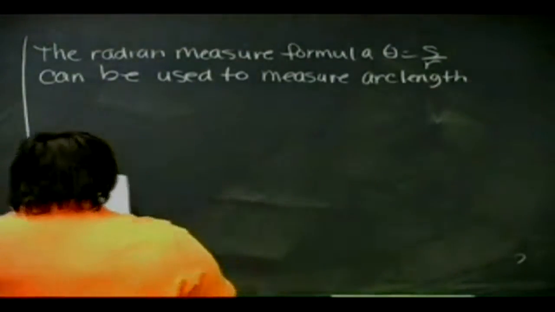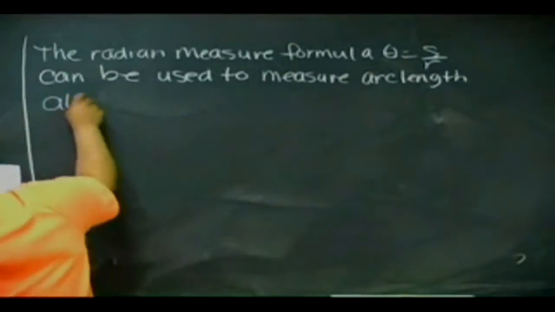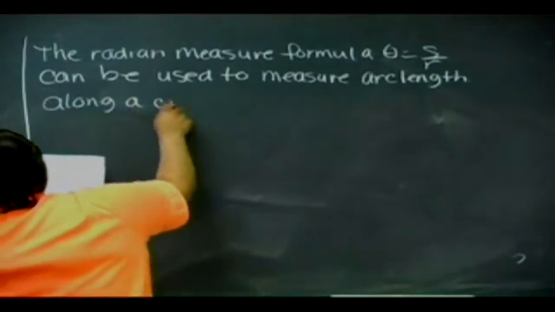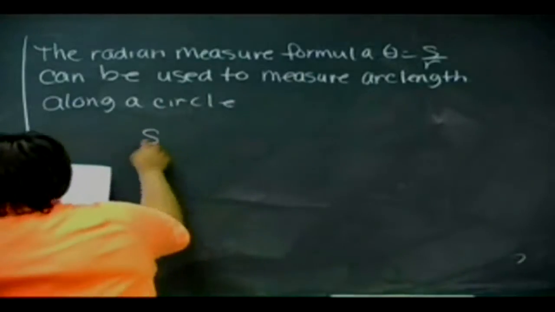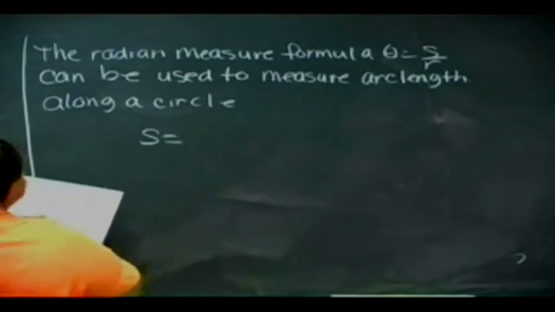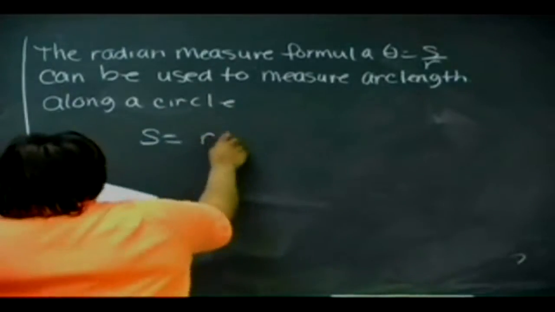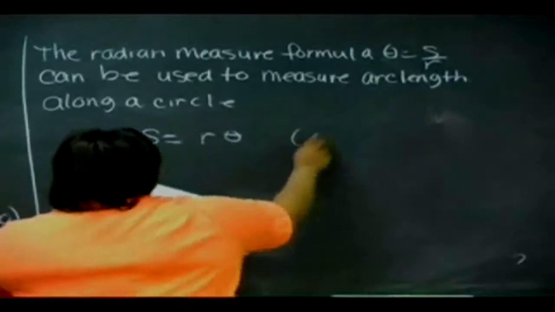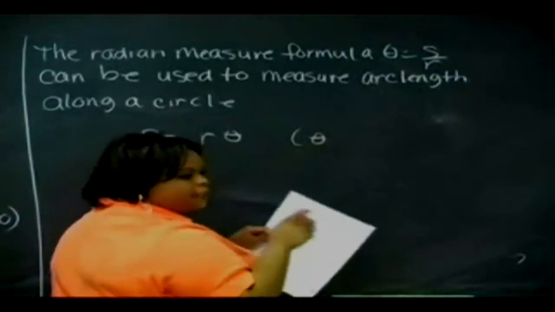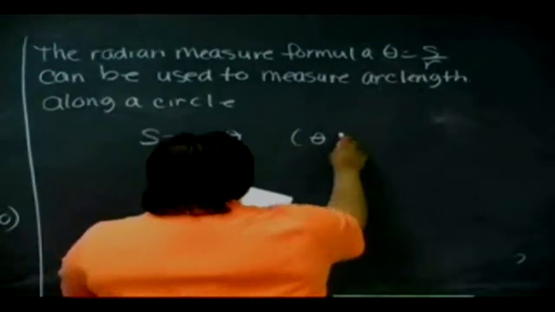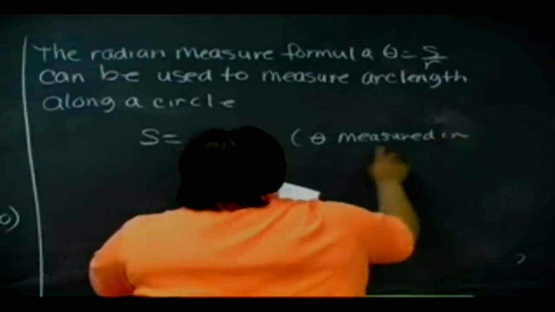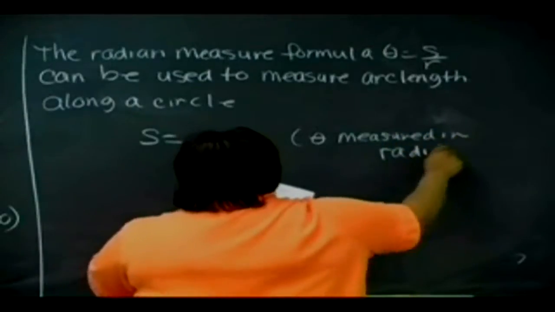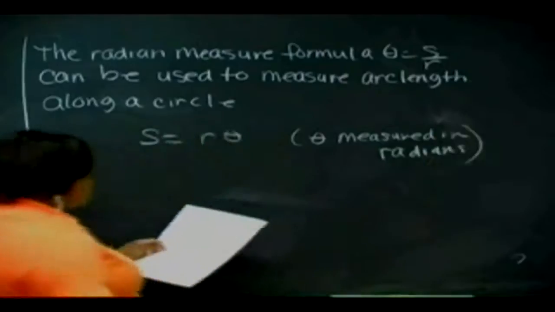This is used to measure arc length along a circle. So S, we can convert this formula: S equals R times theta, where theta, when dealing with arc length, is specifically measured in radians.